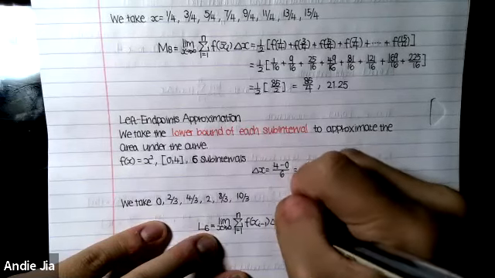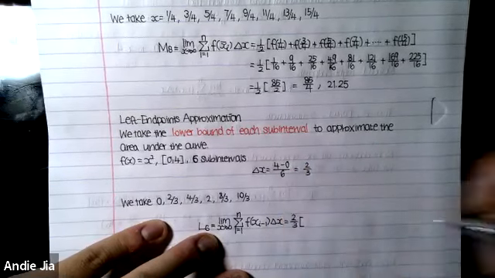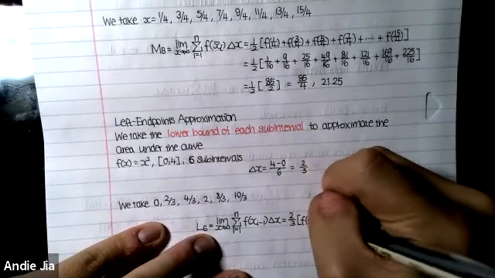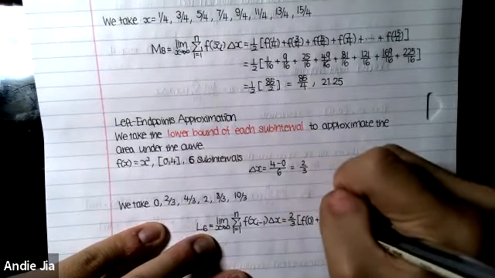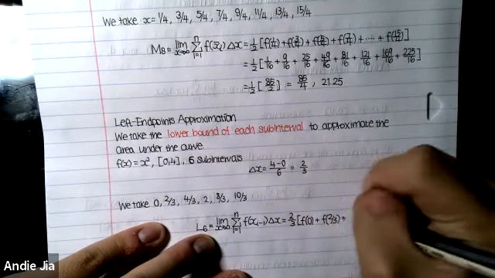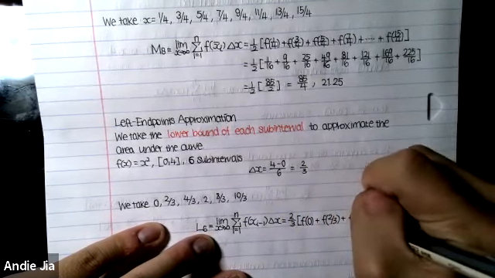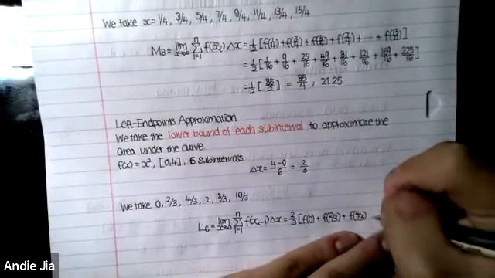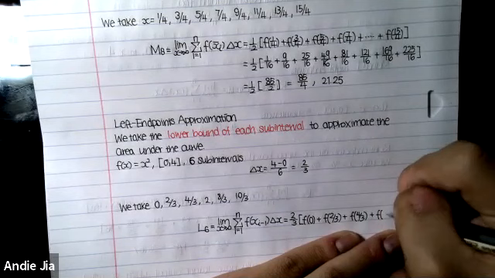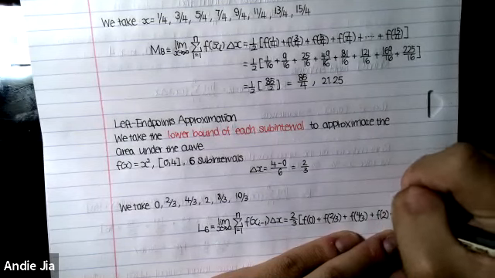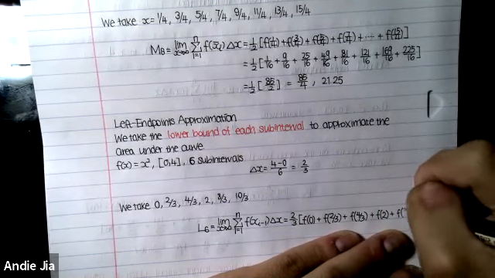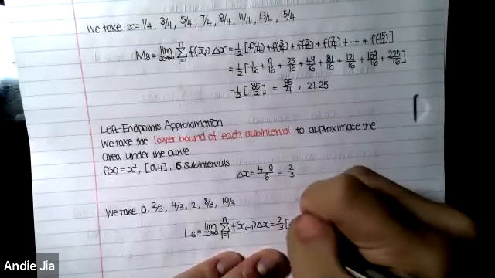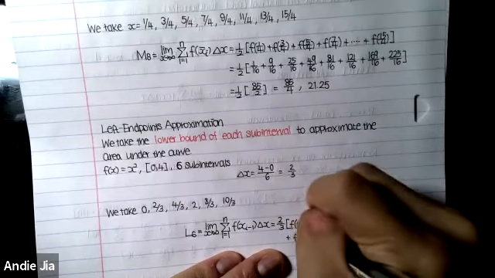We have delta x as 2 over 3. It'll be f of 0 plus f of 2 over 3 plus f of 4 over 3, then plus f of 2, then plus f of 8 over 3, then plus f of 10 over 3.